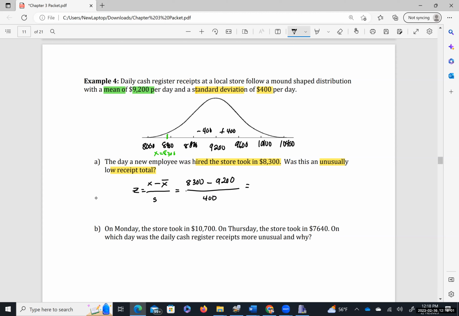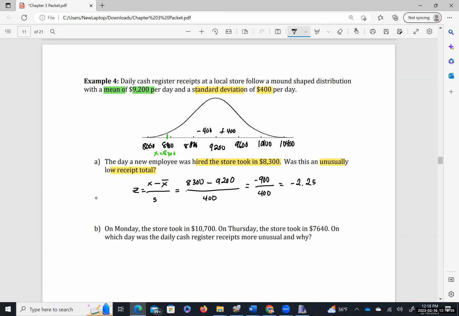Then you get negative 900 divided by 400, which is negative 2.25. Let me check that, make sure. Yep, that's good.